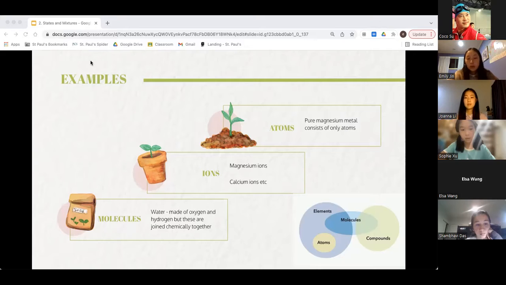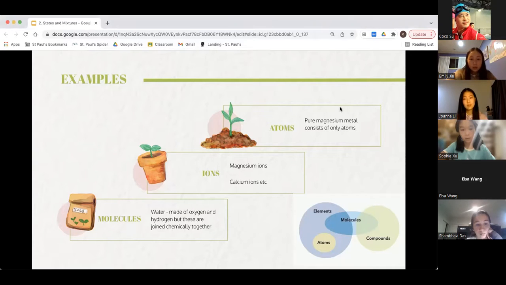An example of a molecule is water. Water is made of oxygen and hydrogen, joined together with special bonds that we're going to touch on soon. Water is H2O, so for every molecule you have 2 hydrogens and 1 oxygen.